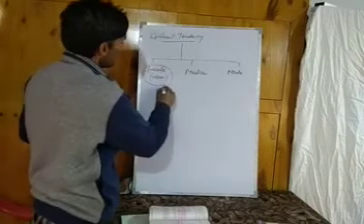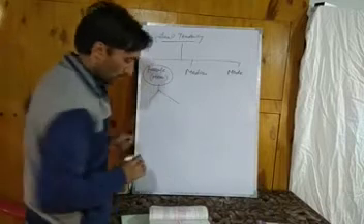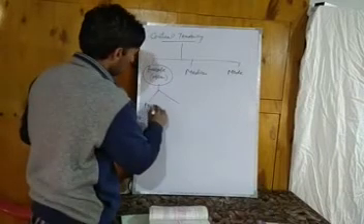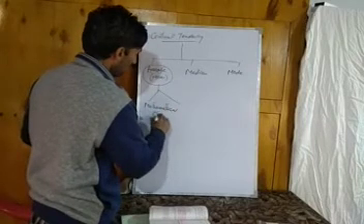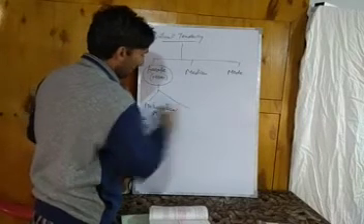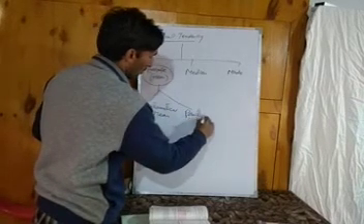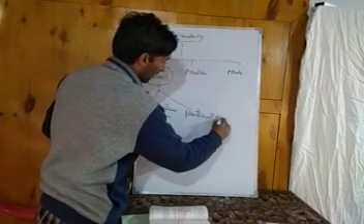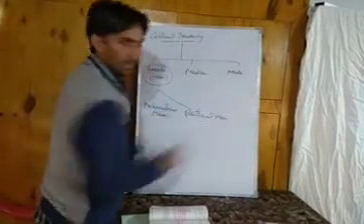Mean has two types. One is called mathematical mean, and the next is called positional mean, or we can say mathematical average or positional average.